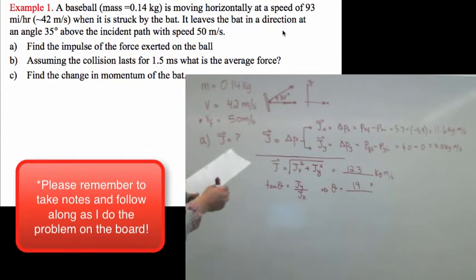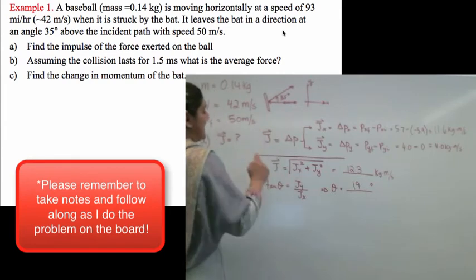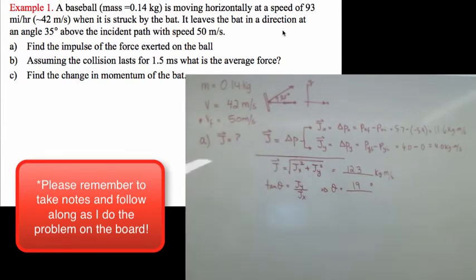Okay? Part B, it says, assuming the collision lasts for 1.5 milliseconds, what is the average force? So what is the relationship between this and force? Well, we know J equals F dt, which lasts for a very short interval of time. But in our case, they give us what delta t is, right?